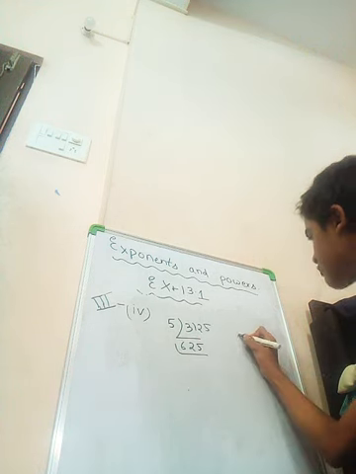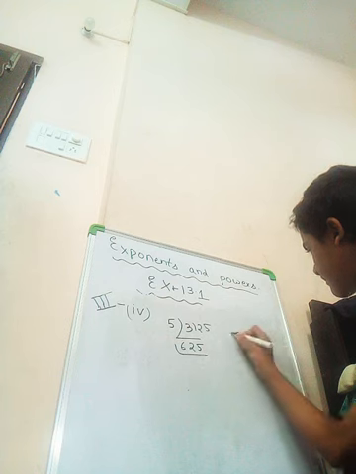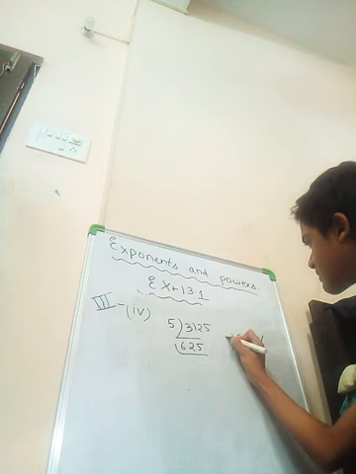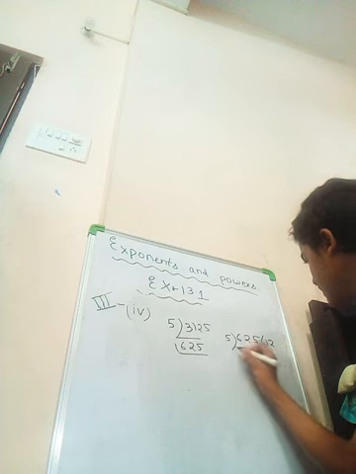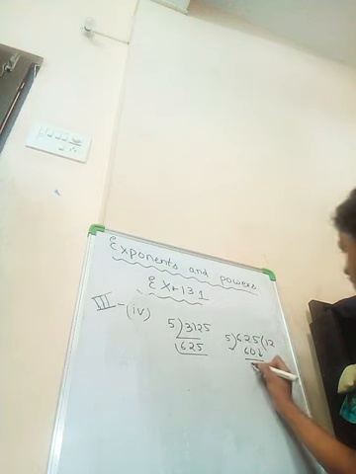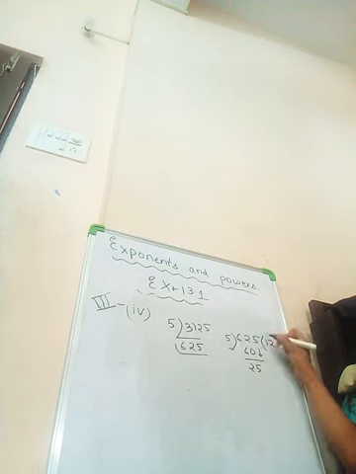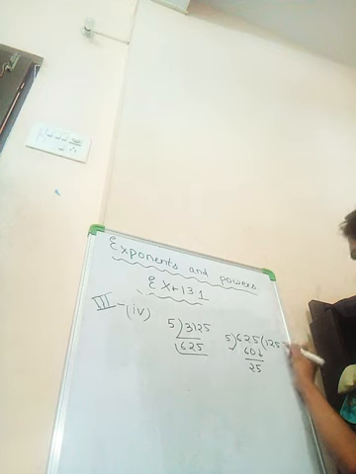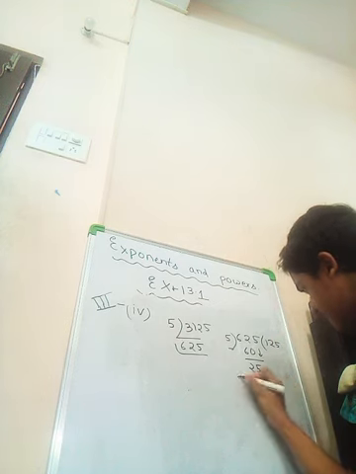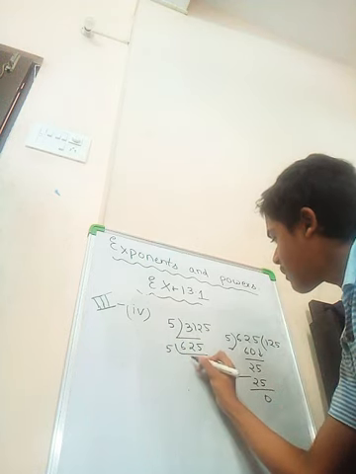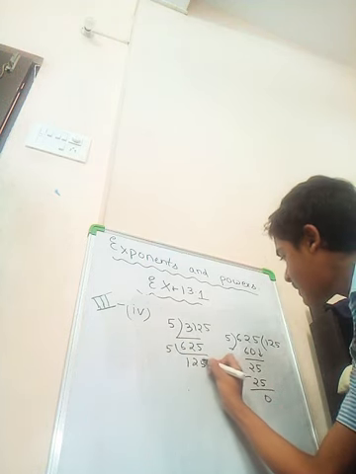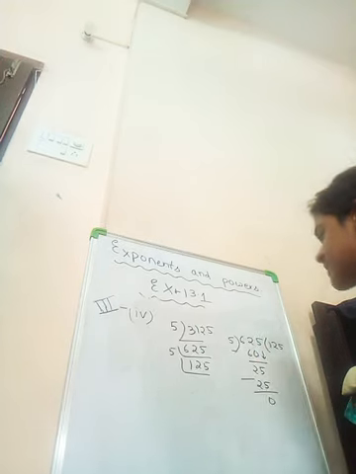Let's see. So 625. 5 12s are 60, 25 came down, 5 5s are 25, 0. So 5 125s are 625.